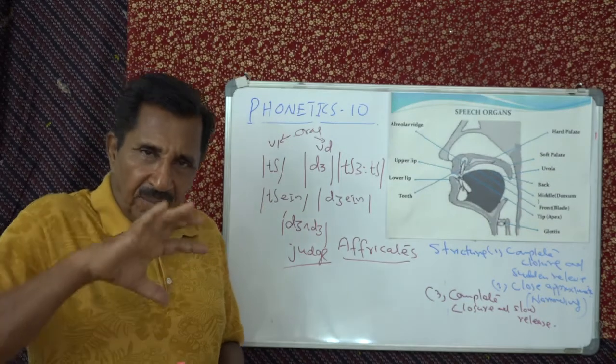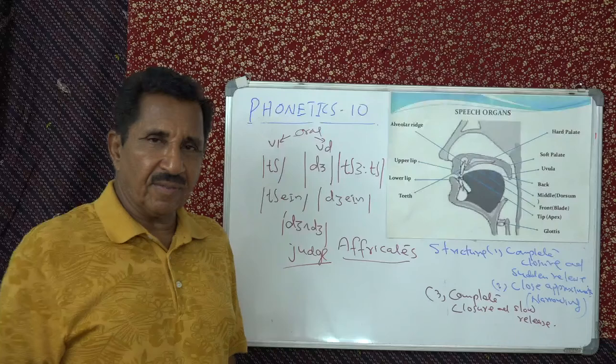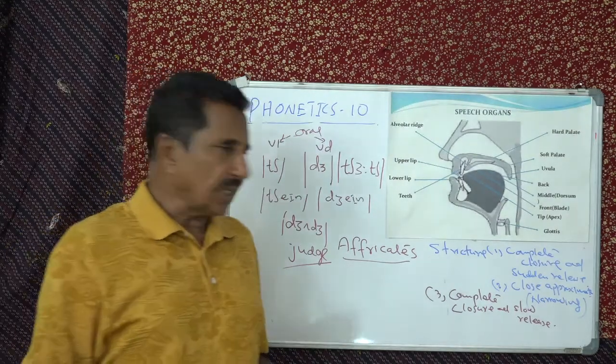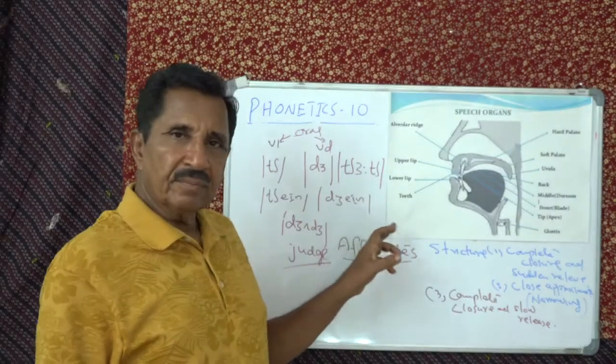Affricates are plosion and friction together. Now look, let's say the place of production. There are two articulations there, primary and secondary, same as in sh.